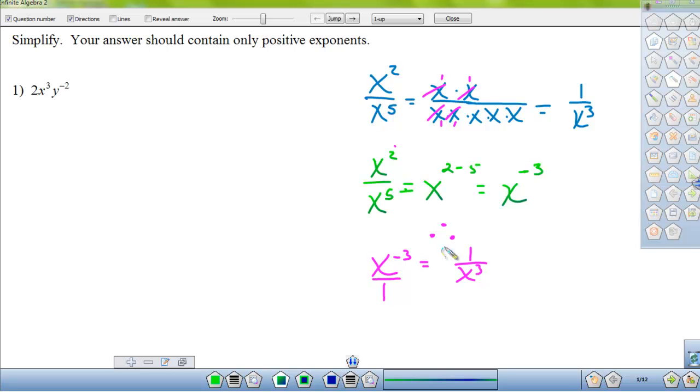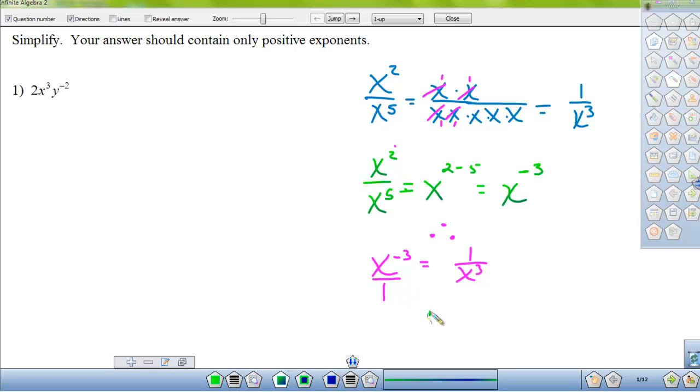First of all, in the first example, you have 1 over x cubed, and in the second, we have x to the negative third. You can see that they're very similar to each other, except one has a negative 3 in the numerator, and the other one has a positive 3 in the denominator. So as a result, you can quickly transfer from one to the other just by changing the position in the fraction.